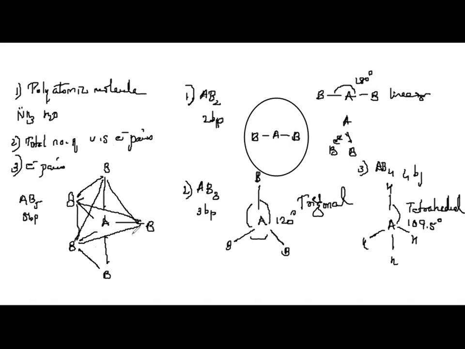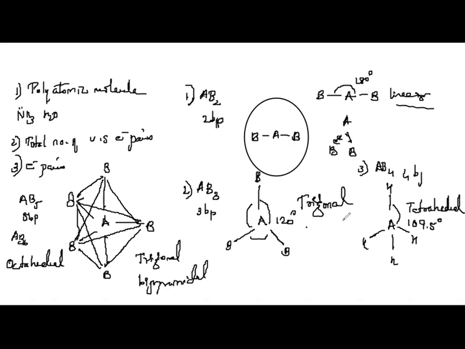This geometry is called trigonal bipyramidal. Getting my point? Similarly, if I take AB6, it will be octahedral. So these are all the shapes of the molecules: linear, trigonal, tetrahedral, trigonal bipyramidal, octahedral.